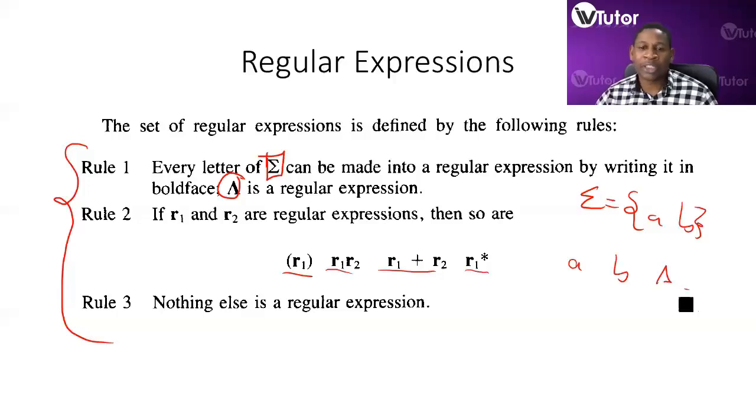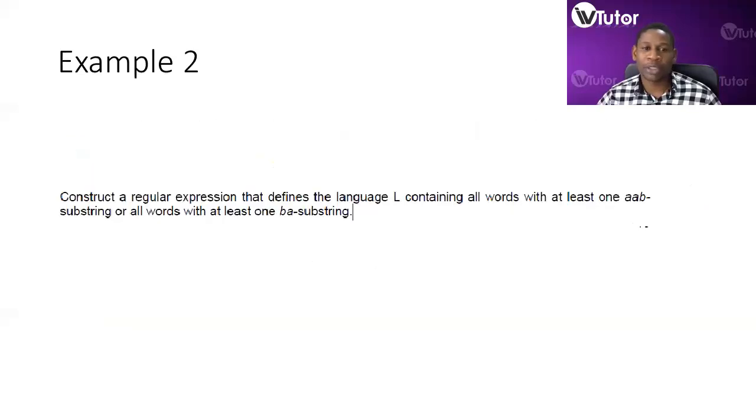Let's have a look at a few examples. Construct a regular expression that defines the language L consisting of all words with at least one aab substring, or all words with at least one ba substring.